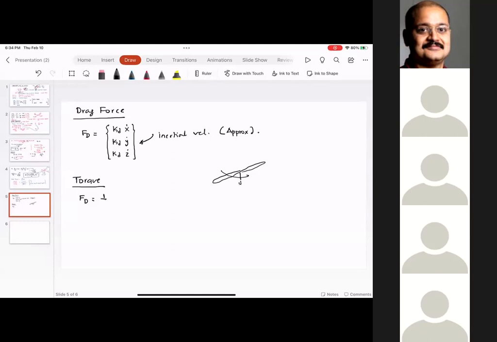So that is going to be 1/2 rho A v square Cd. A is the reference area, and depending upon the prop dimension and the type of prop, the reference area would be different. V is the velocity at which the prop is going through the air.